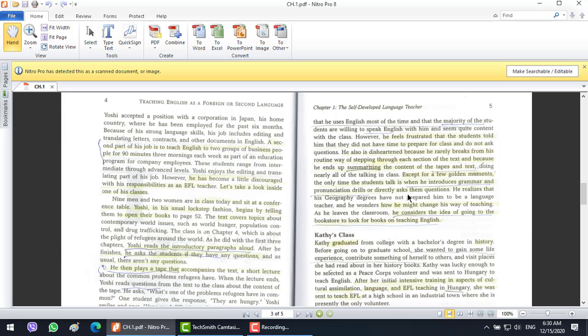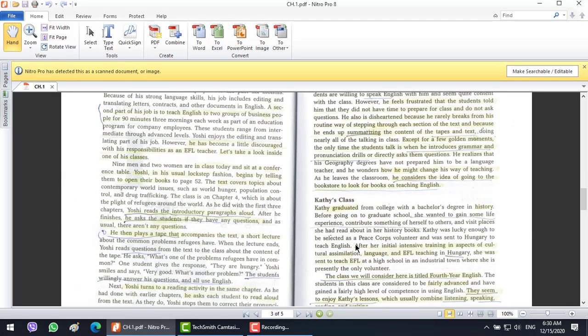Because he graduated with a geography degree, he is not prepared to be a language teacher. So he teaches the students the English language, but he is not prepared well to teach them. He considered the idea of going to the bookstore to look for books on teaching English.